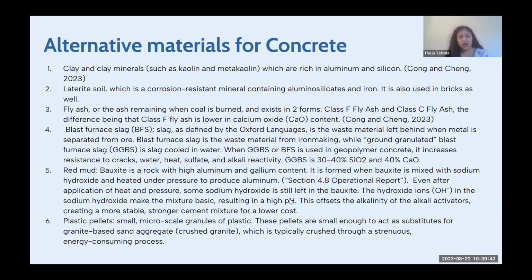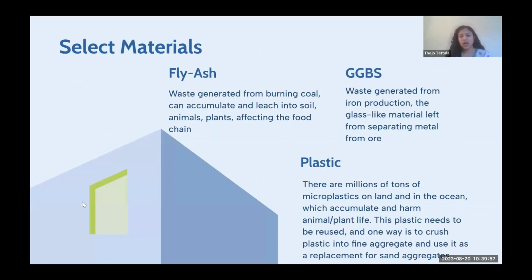It's when bauxite is mixed with sodium hydroxide and heated under pressure to produce aluminum. And most importantly, plastic pellets, because there's a lot of marine plastic pollution and plastic accumulating in landfills, which doesn't biodegrade, which is why all of these materials can be crushed into fine sand aggregates and used as a replacement using alkali activators.